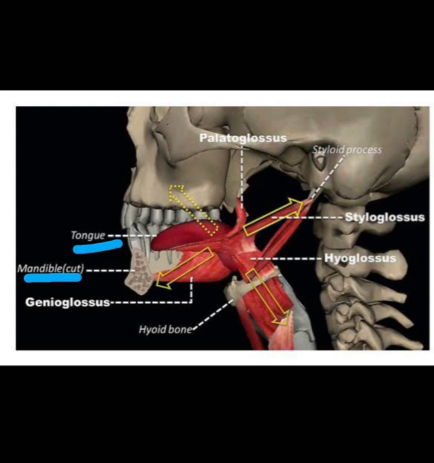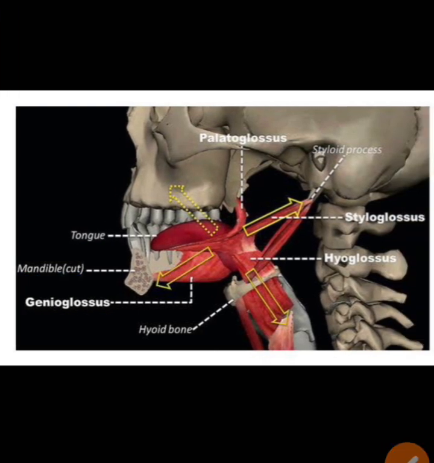This tongue is attached to the mandible with the help of the muscle known as the genioglossus muscle, which is the first extrinsic muscle. You can see this attachment also. This is the tongue and this is the genioglossus muscle.